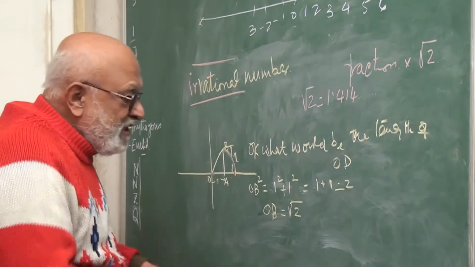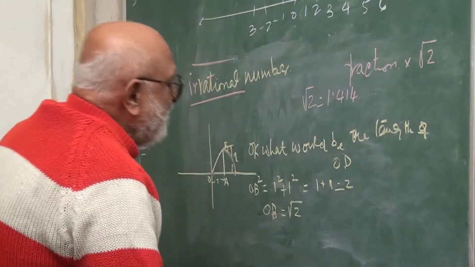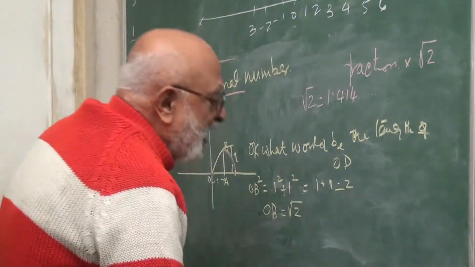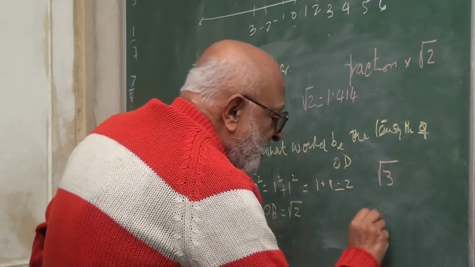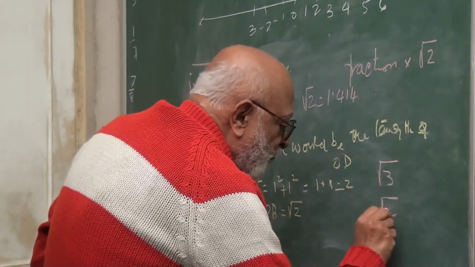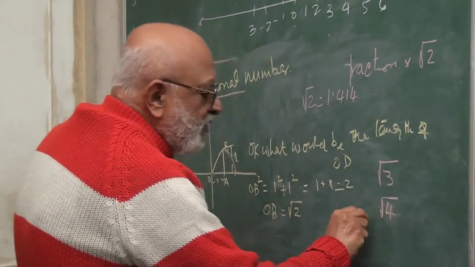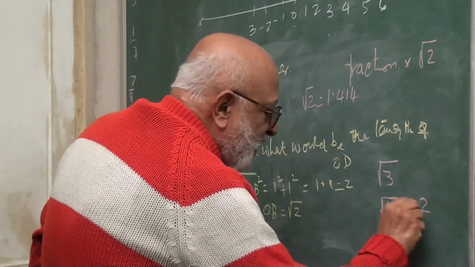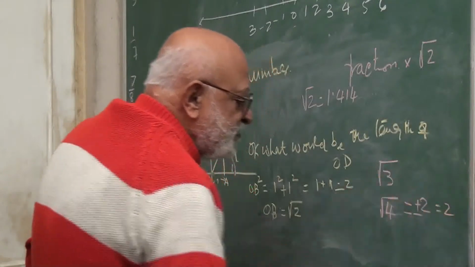So similarly, you can have many other irrational numbers. What are those? I can have root 2, root 3, I cannot have root 4 because root 4 is equal to plus minus 2, but we always consider 2, the positive side.